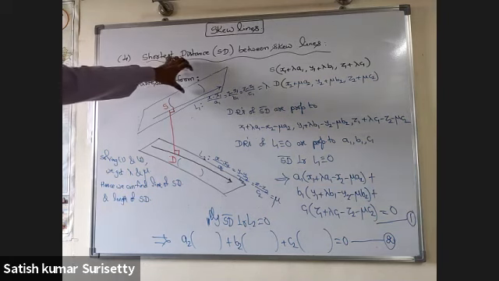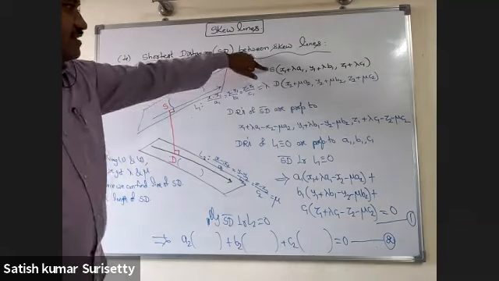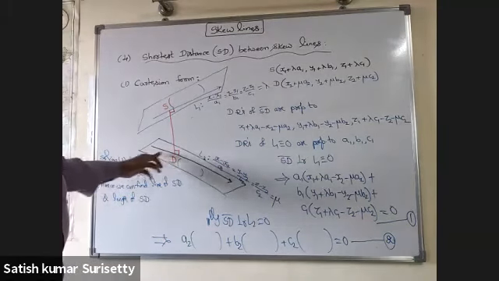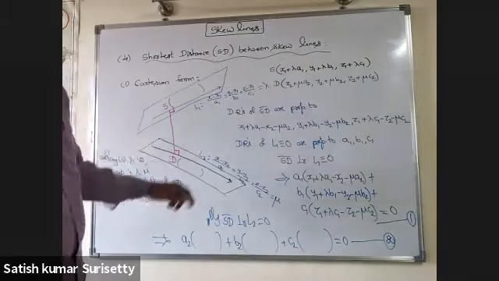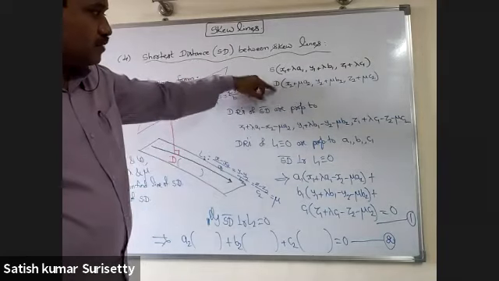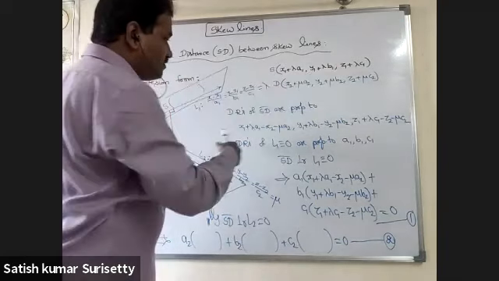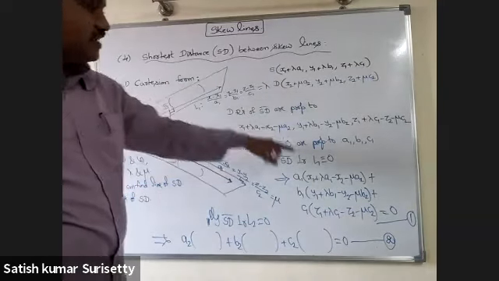So take the parametric coordinates of any point on line 1, which can be considered as S, and the parametric coordinates of any point on line 2 in terms of mu, which can be considered as D. Then the direction ratios of SD bar are proportional to the differences of x, y and z coordinates, and the direction ratios of L1 are a1, b1, c1.